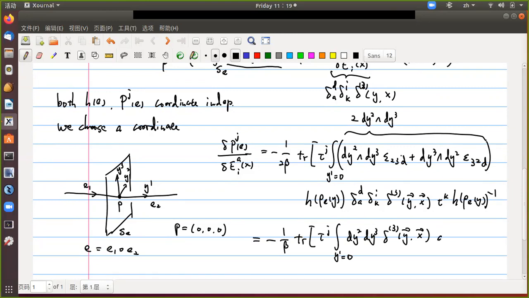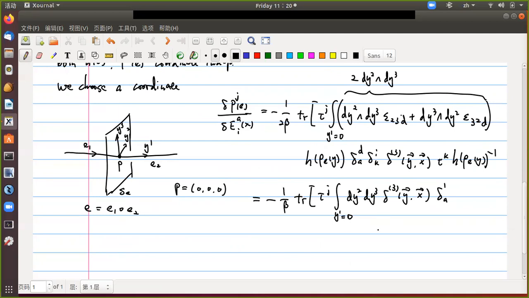You have this delta 1a coming from delta dA, and you can use this delta 1k act on delta k. So tau k, you got tau I, but this tau I has to be sandwiched by holonomies.